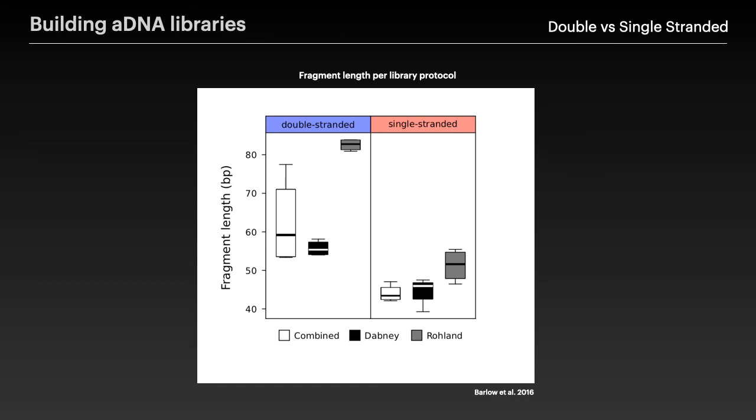This is what was expected, and that is what it was designed for in the first place. And we can also see that between library protocols, the combination of single-stranded library and aDNA extraction leads to the retrieval of shorter fragments, which is interesting. So we have a cumulative effect here.